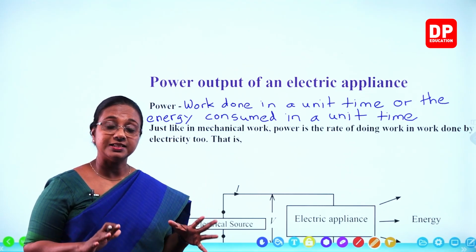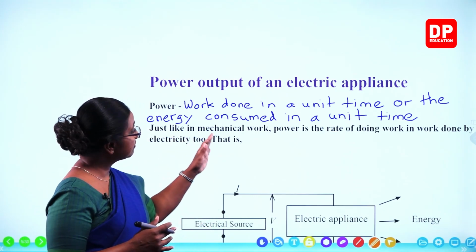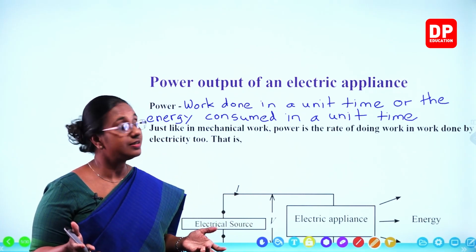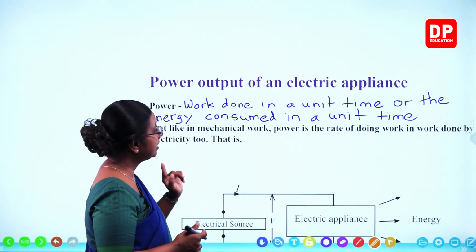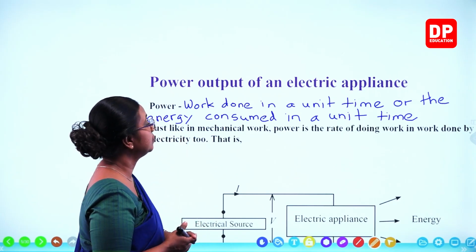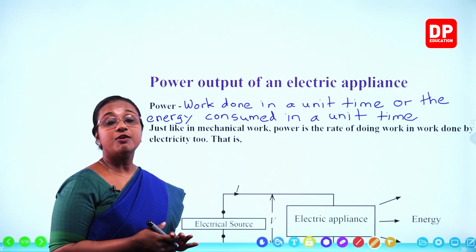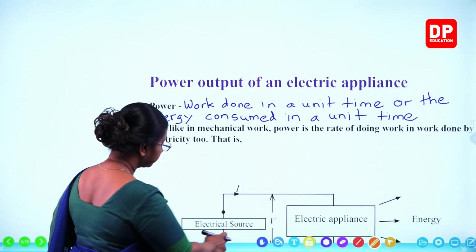Even if it is an electric appliance, it is the work done by the electric energy, by electricity, in a unit time, or the energy consumed in a unit time. And the standard unit of power is watts.